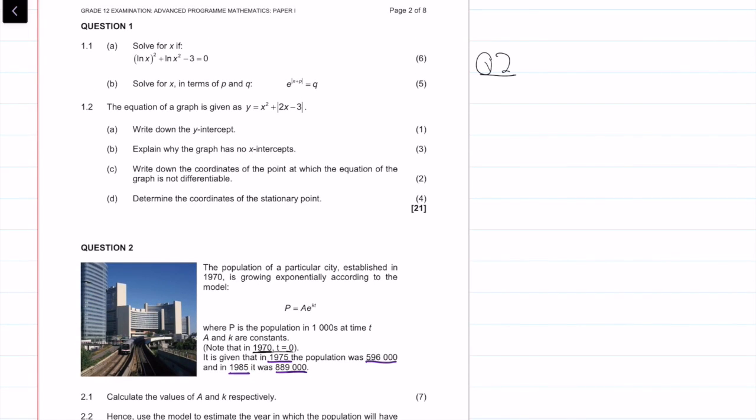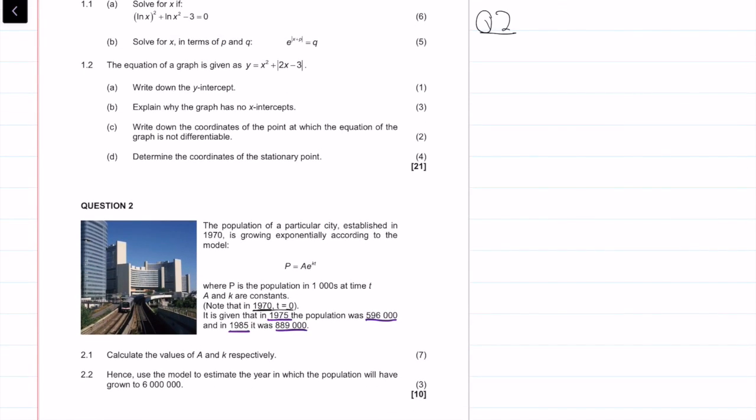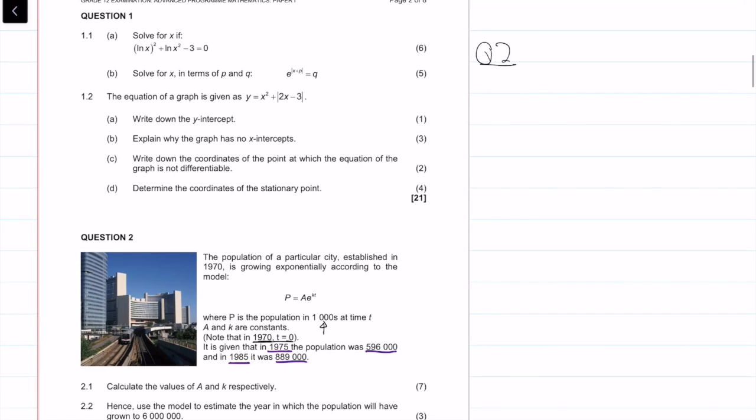The important thing to realize is that the population is in thousands and that t only starts from 1970. So we can get two equations.